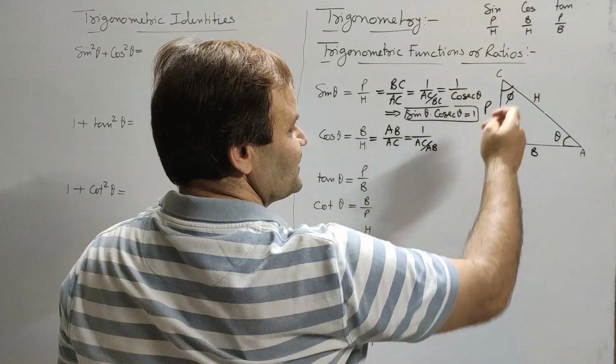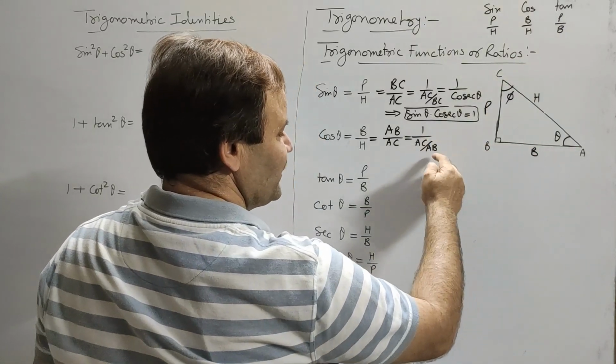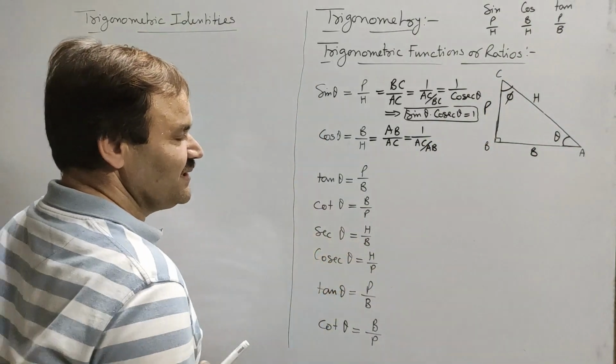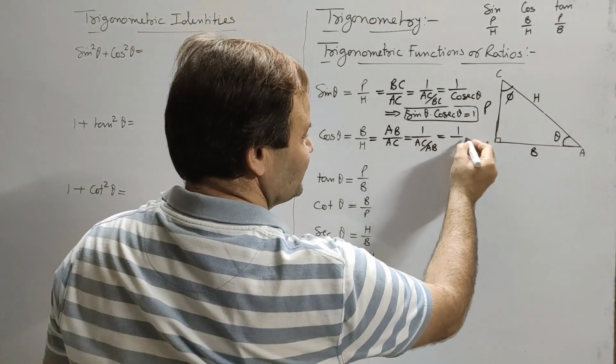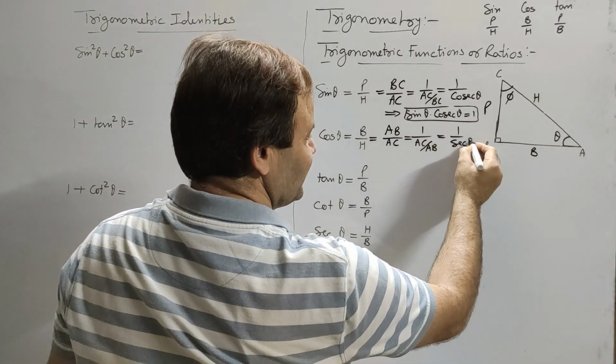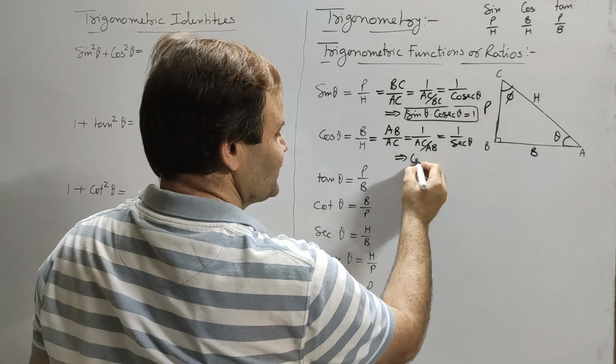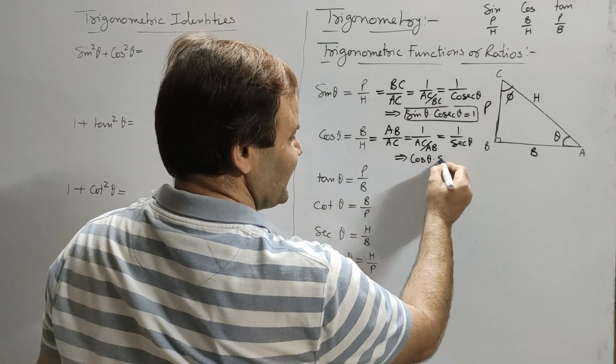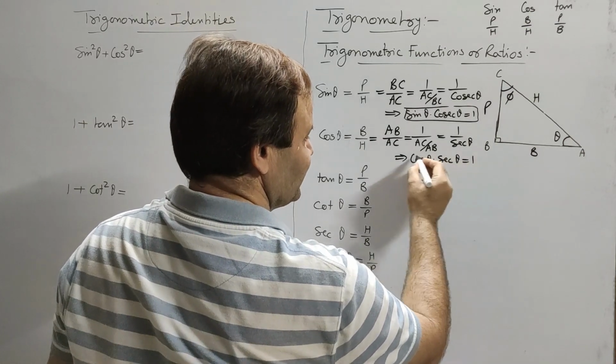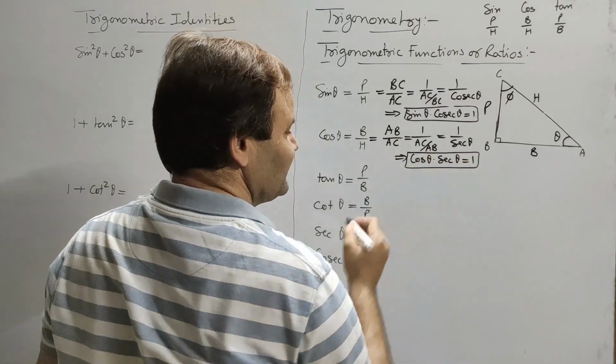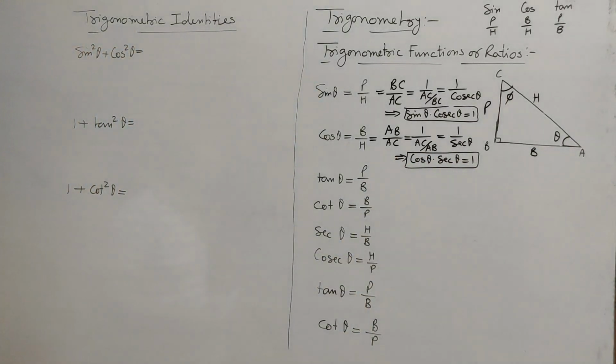AC is hypotenuse and AB is base, hypotenuse upon base is sec theta, so 1 upon sec theta, and this implies cos theta into sec theta is always 1. It means cos theta and sec theta are reciprocal to each other.